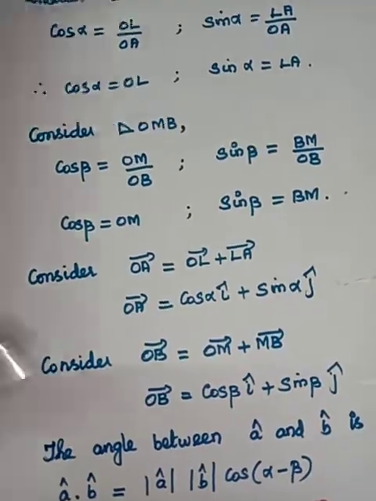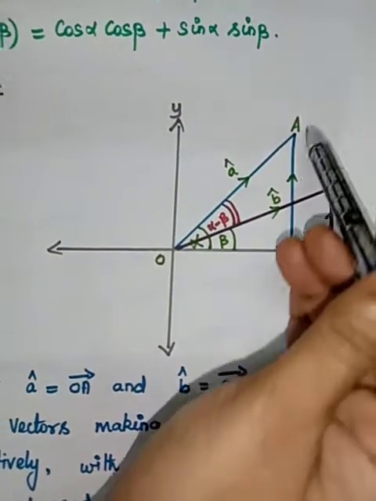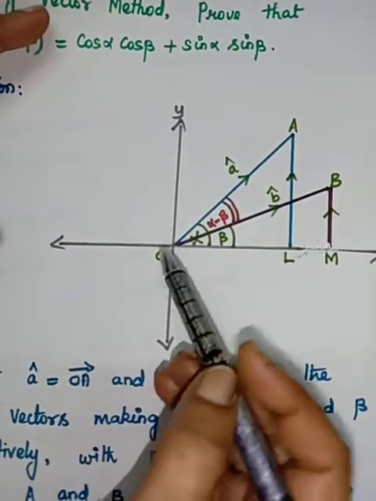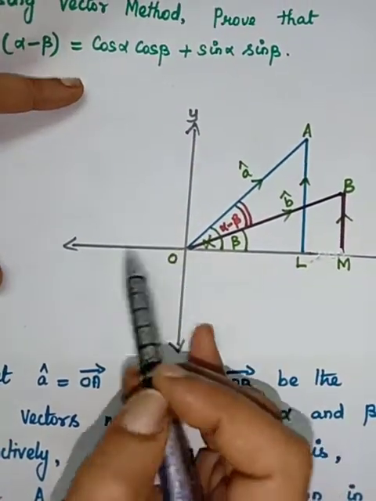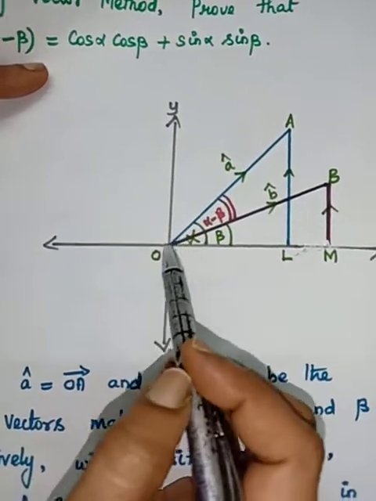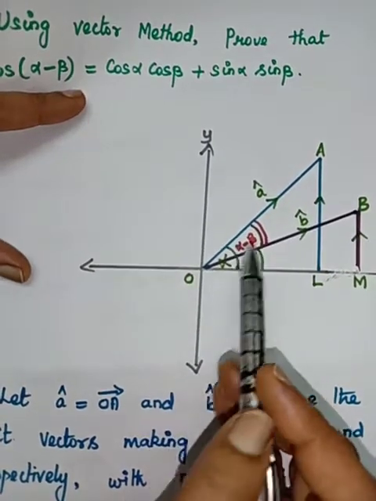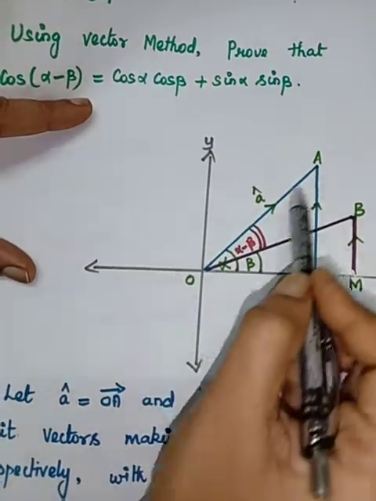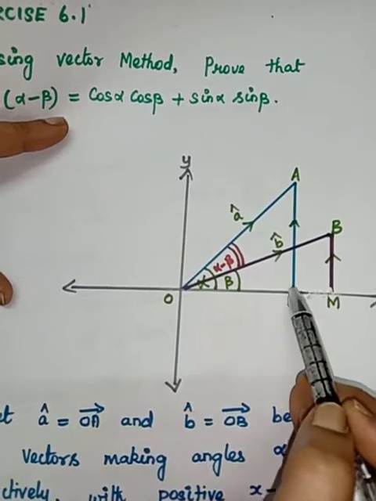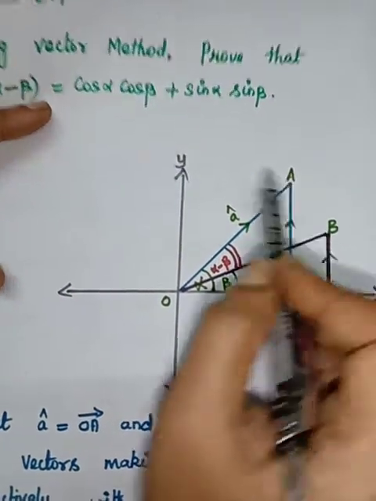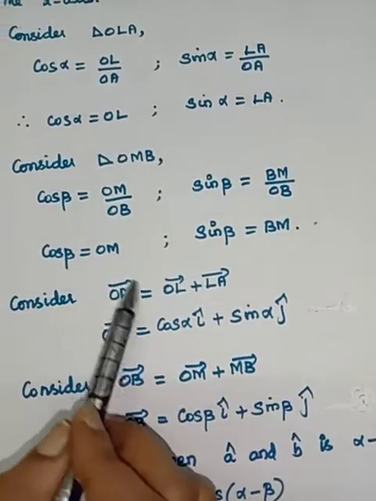Now the same triangle OLA you just consider, and you are going to write the OA vector using the triangle law of addition of vectors. OA vector can be written as OL vector plus LA vector. So here I am using vectors.